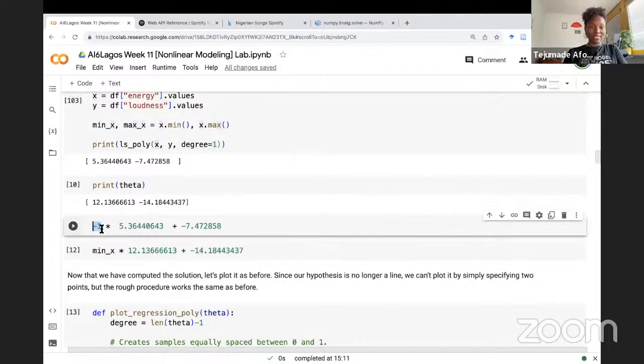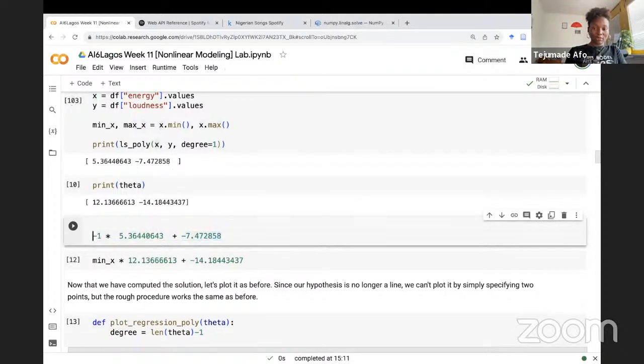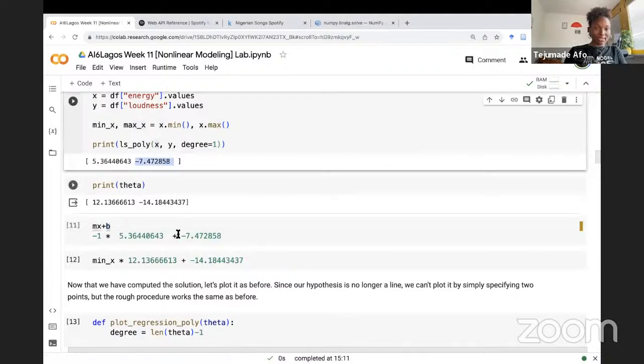The minimum value is -1, and the maximum value is +1. So you can just take the minimum value and multiply by -1 times 5.3, plus the bias. What I'm doing here is just mx plus b. So b is -7.7, right?